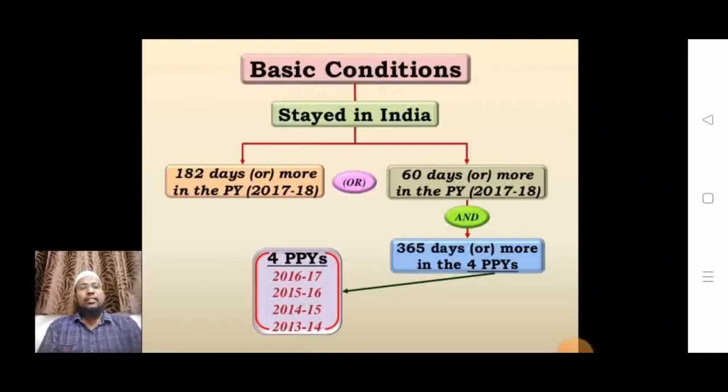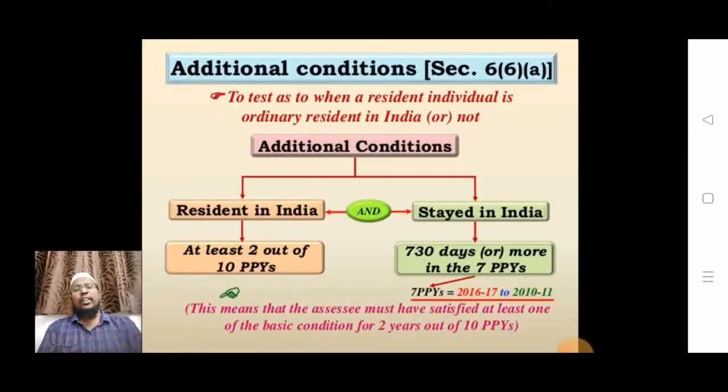Basic condition, stay in India. A person who stays in India 182 days or more during the previous year. Second one, a person who satisfies a minimum of 60 days during the previous year and 365 days out of 4 years.